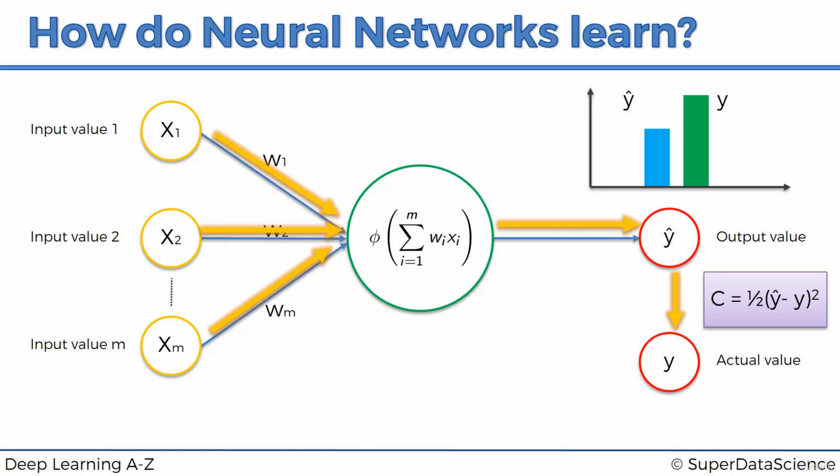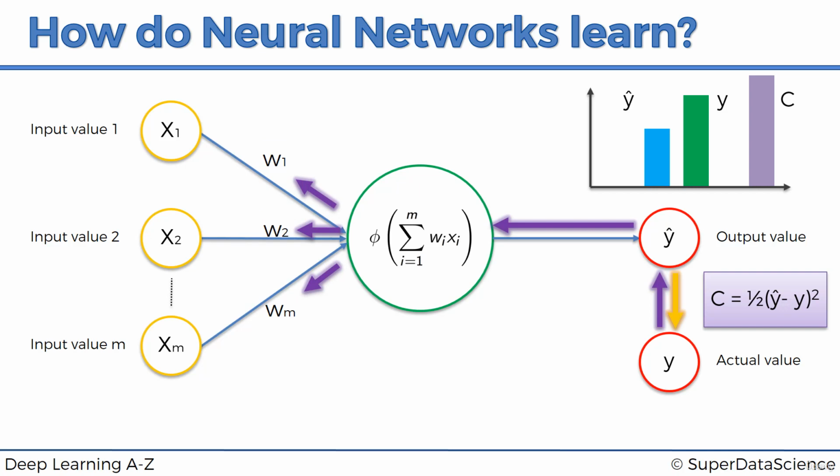So basically from here, there's our cost function. And once we've compared, now we're going to feed this information back into the neural network. So there we go, there's the information going back into the neural network, and it goes to the weights, and the weights get updated.